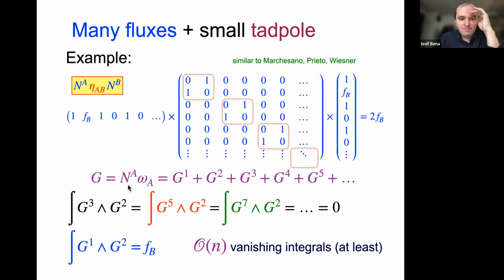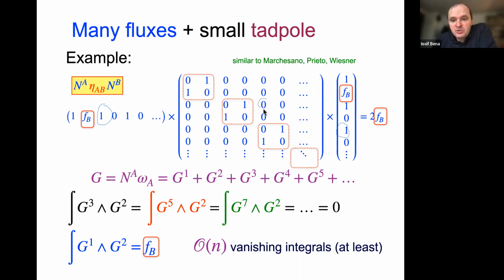However, if you look at the G flux and you decompose it in terms of this basis, you can write G as G on this cycle, this cycle, this cycle, and so on. If you integrate, for example, G3 against this G, you'll actually get 0.